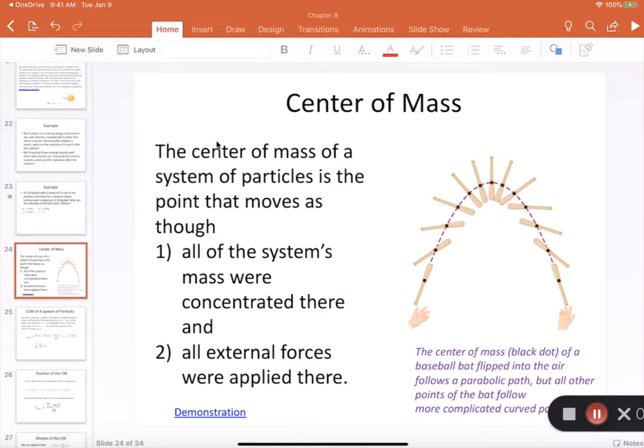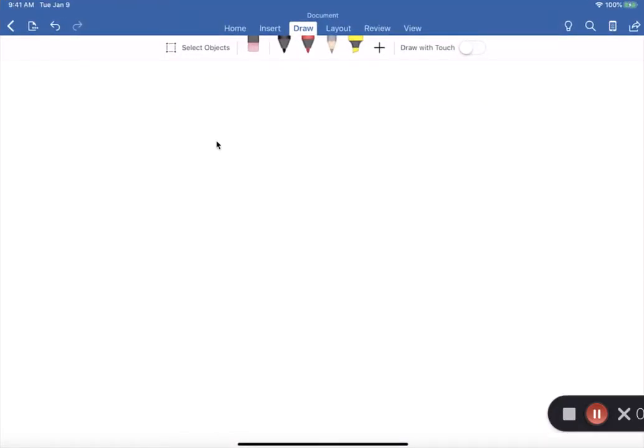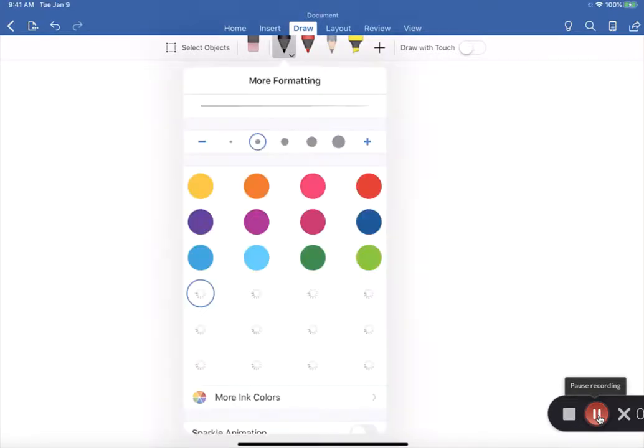This is a concept that you have been using right since the beginning of the course when you started drawing force diagrams. For example, whenever you have drawn force diagrams, they kind of look like this.